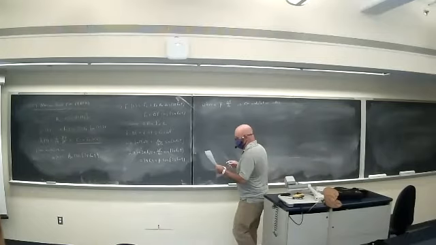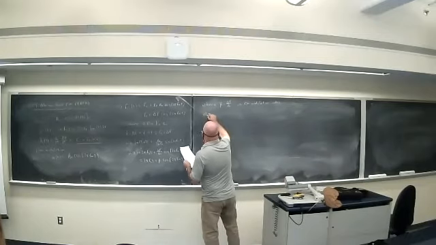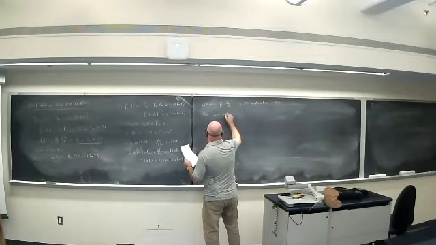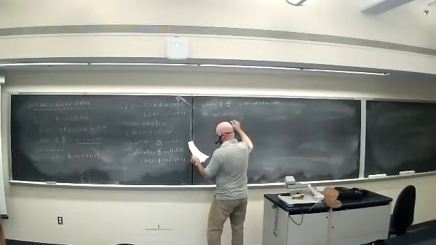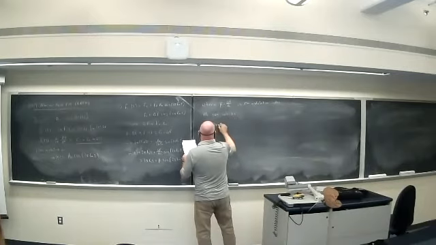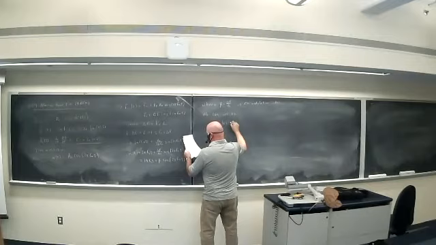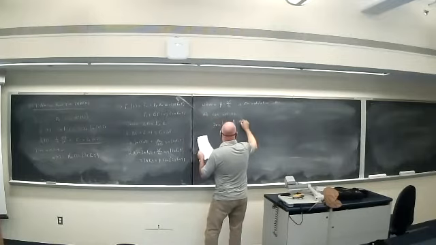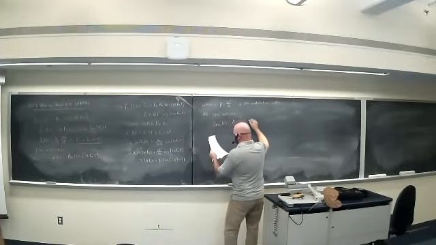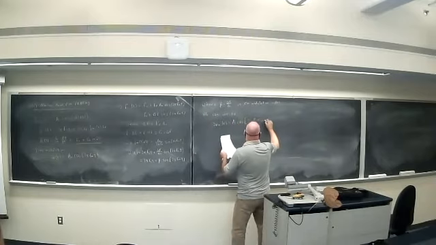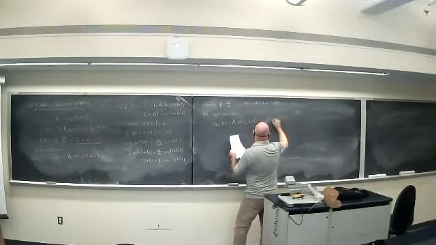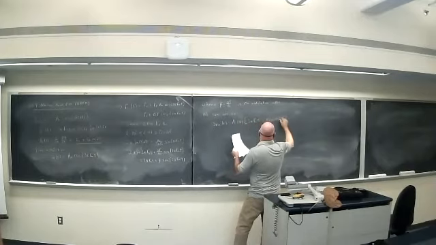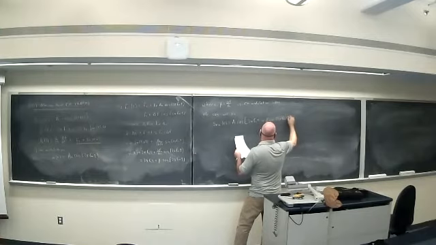Okay, so going back, we can write our carrier now as AC cosine of 2 pi FC t plus beta sine of 2 pi FM t.